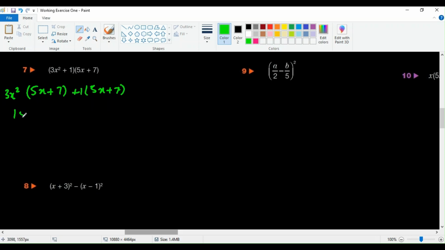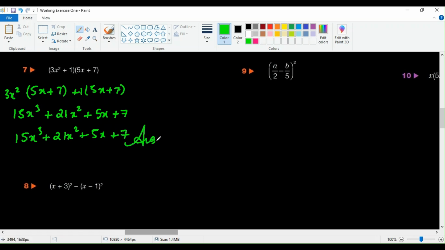This gives us 15x cube, and then comes plus 7 times 3 is 21x squared, then comes plus 5x and plus 7. Now the final answer for this question is going to be 15x cube plus 21x squared plus 5x and plus 7. So there is no like term, so we cannot add or subtract.